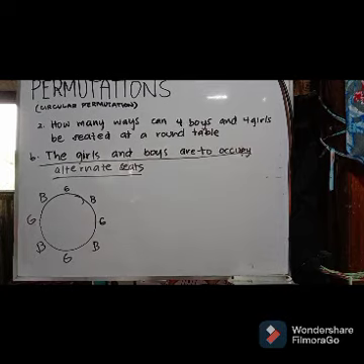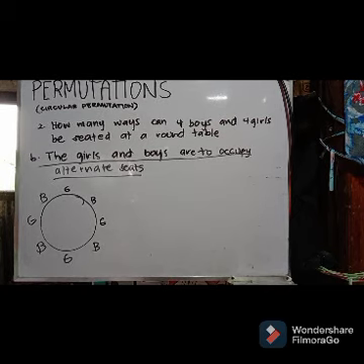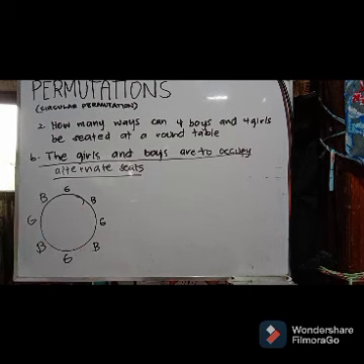For the next condition in circular permutation, how many ways can 4 boys and 4 girls be seated at a round table if the girls and boys are to occupy alternate seats? So the girls and boys occupy alternate seats. Girl, boy, girl, boy, girl, boy.